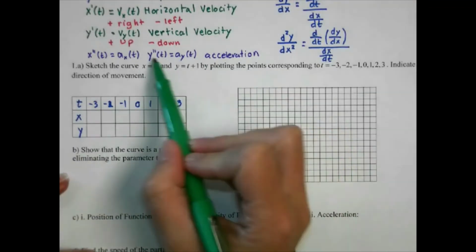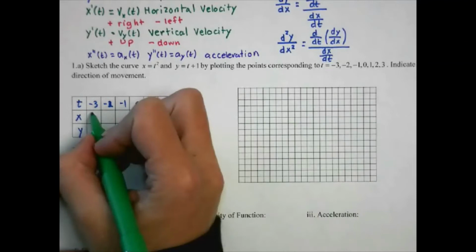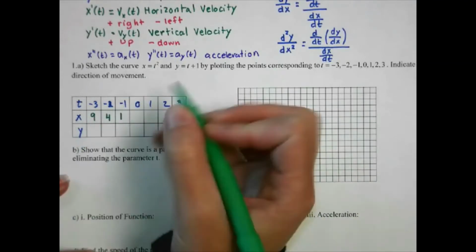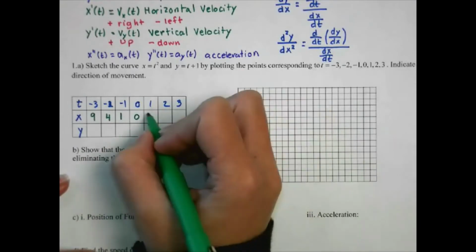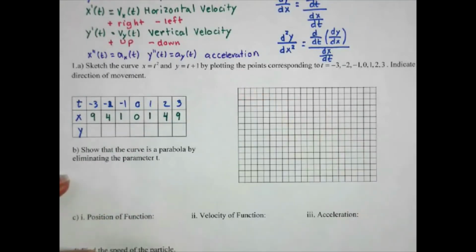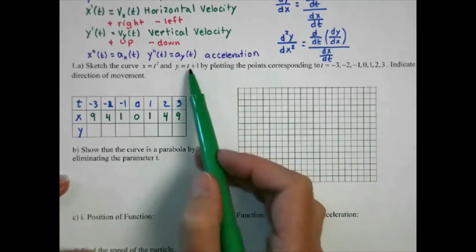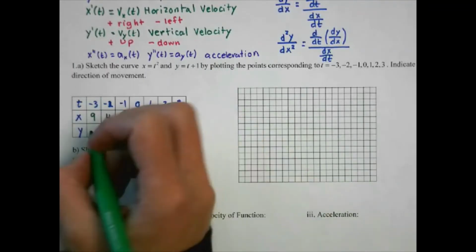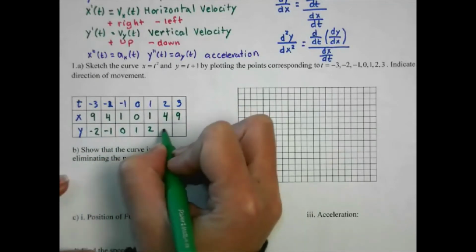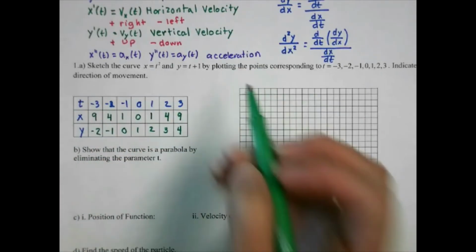I'm just going to do an equation at a time. So my x's are going to be squared. -3 squared is 9, -2 squared is 4, -1 squared is 1, 0 squared is 0, and then we have 1, 4, and 9. Then we're going to have t plus 1, so we're just going to add 1 to all these. So we're going to have -2, -1, 0, 1, 2, 3, and 4.